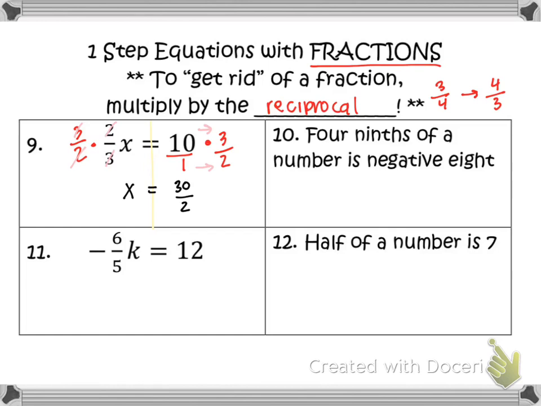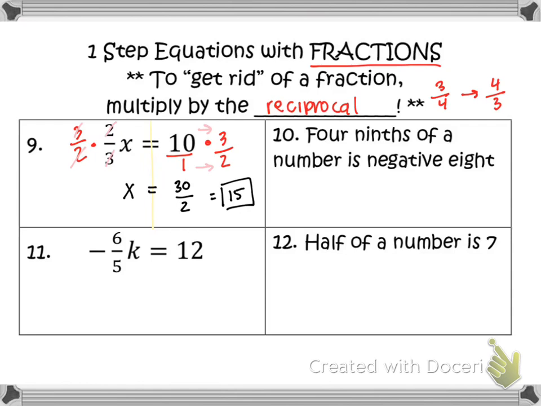And I can actually simplify that some more. 30 over 2, 30 divided by 2, would give me 15. For some of you, you could have also just canceled the 2 and the 10, and then that would have given you 5 times 3, which is 15. But there are multiple ways of going through this. I just like to multiply straight across.